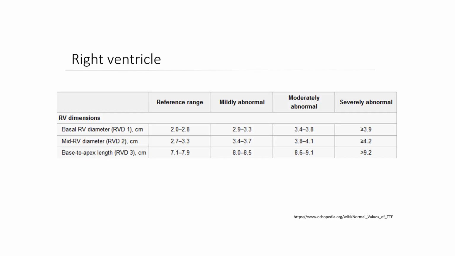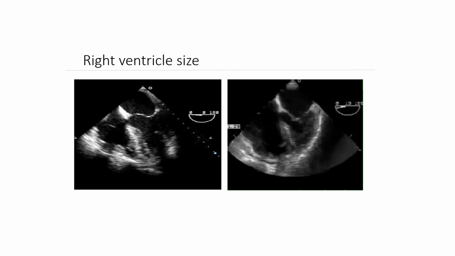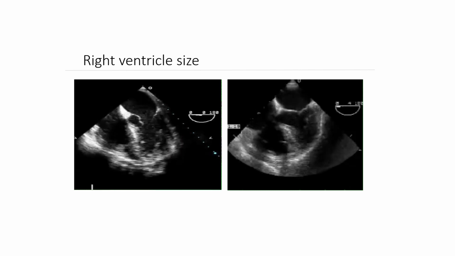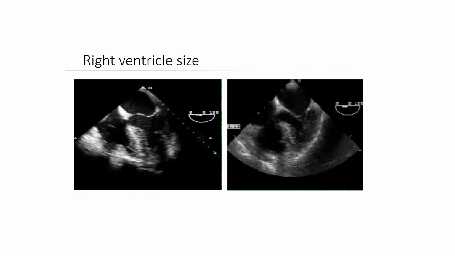And here are the normal RV values for illustration, and there's mild, moderate, and severe. And there's the one at the base, mid, and the base to apex length. As a general rule of thumb, the RV should not appear larger than the LV, and its apex should not reach beyond that of the LV apex.